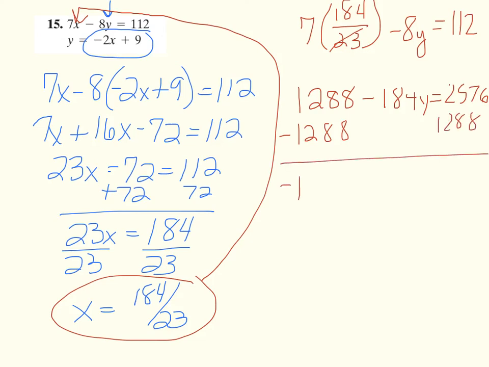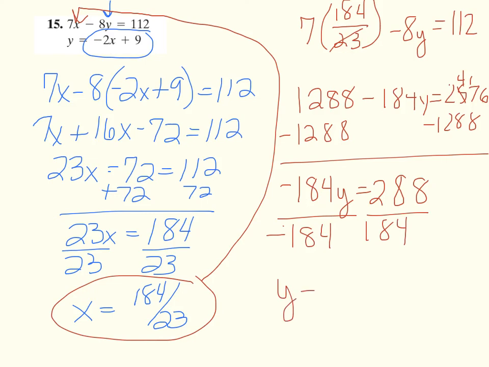So I have negative 184y equals 1,288. Divide both sides by 184.